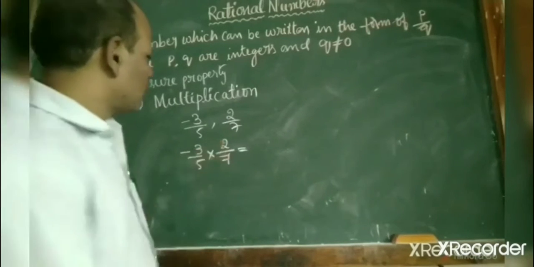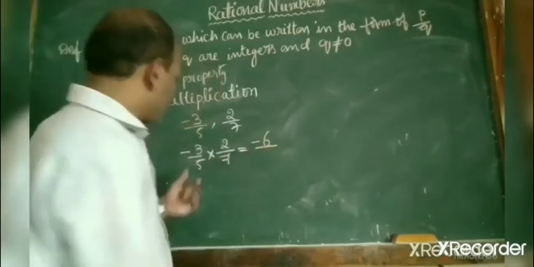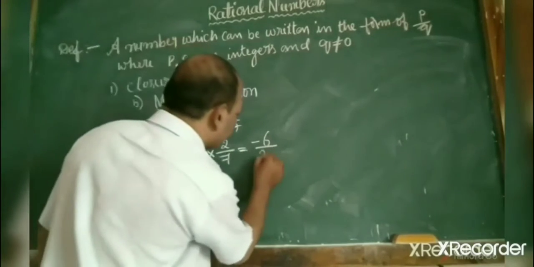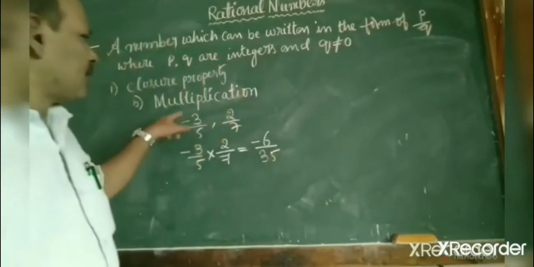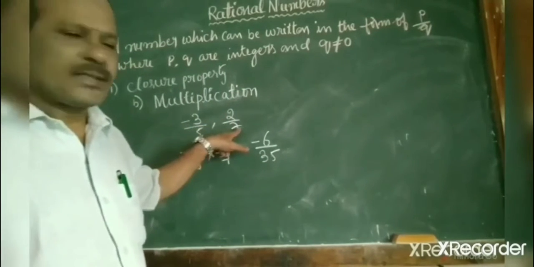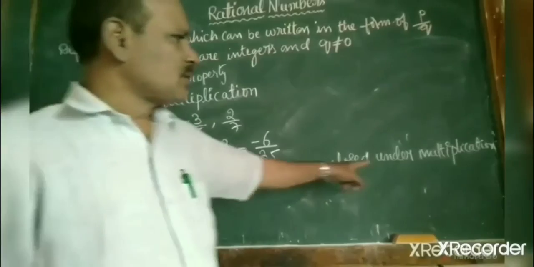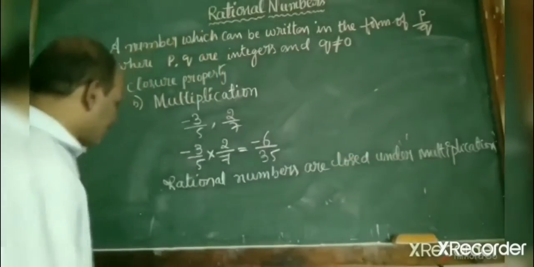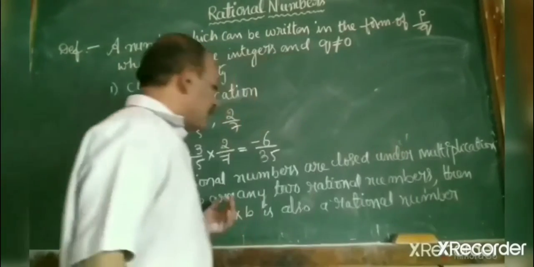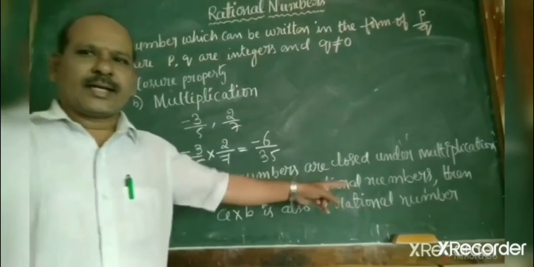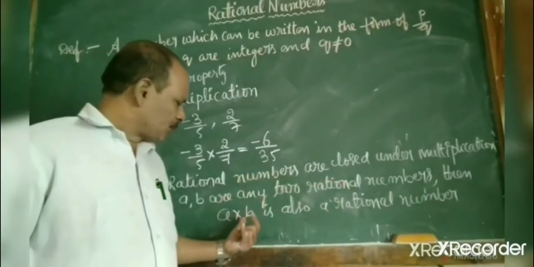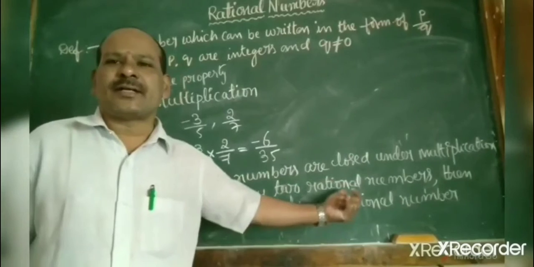Minus 3 into 2 is minus 6, 5 into 7 is 35. When I multiply two rational numbers, the result is also a rational number. Rational numbers are closed under multiplication. If a and b are any two rational numbers, then a into b is also a rational number.